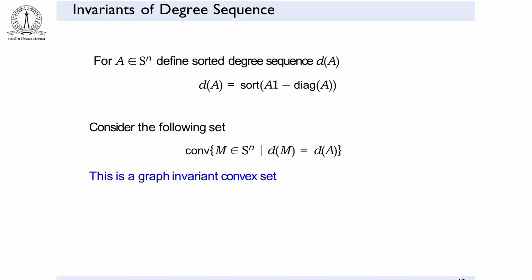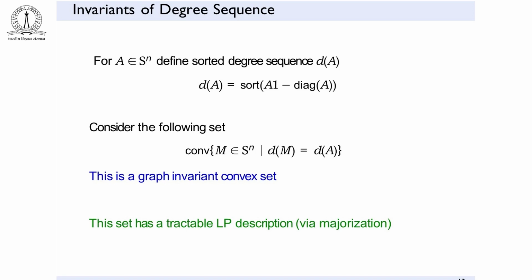The convex hull of all of these things is a graph invariant convex set. Question 1, is it convex? Yes, by construction, because I'm taking the convex hull of something. Is it graph invariant? That requires a simple check. You can kind of go through this, but it's true also. Okay?